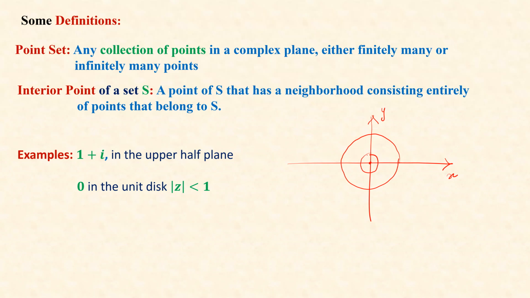And not any neighborhood of 0 that we take, but there is one neighborhood, at least, consisting entirely of points that belong to S. So S is this unit disk, and 0 is there, and there are infinitely many, of course, neighborhoods of 0 that have all their points inside S. So 0 is an interior point of S. Any questions?